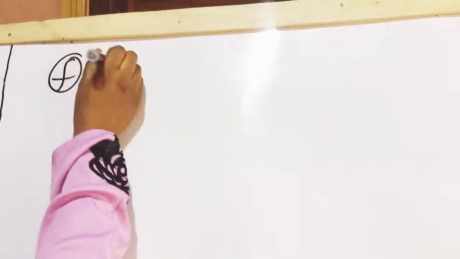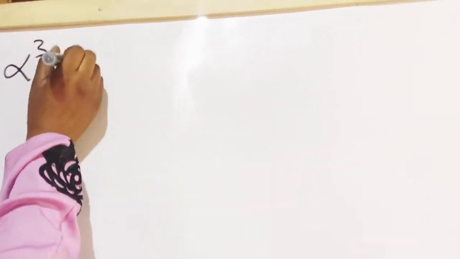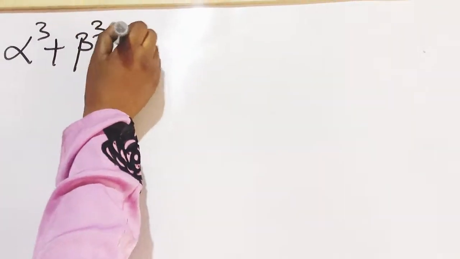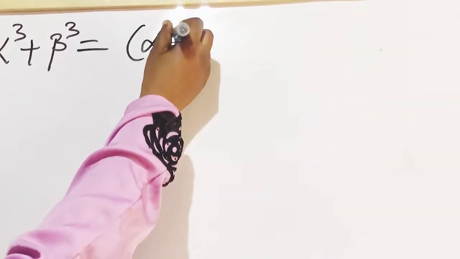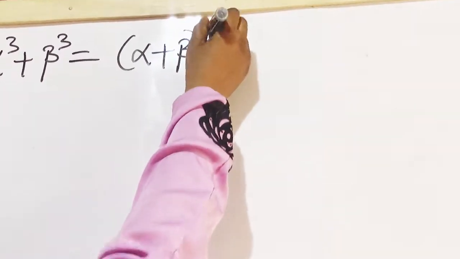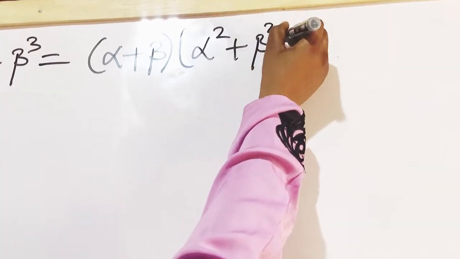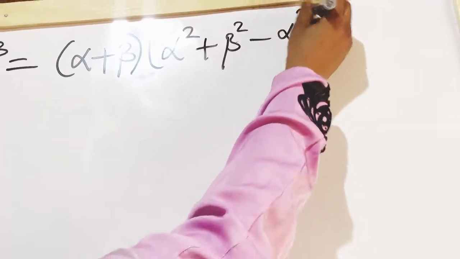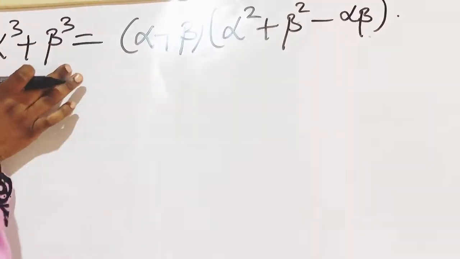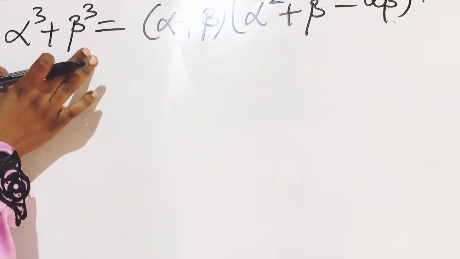F, alpha cubed plus beta cubed is equal to alpha plus beta multiplied by alpha squared plus beta squared minus alpha beta. So if you expand this one, it's going to give you alpha cubed plus beta cubed.